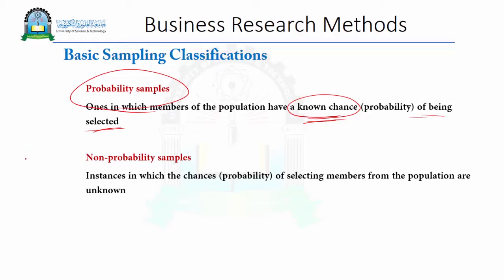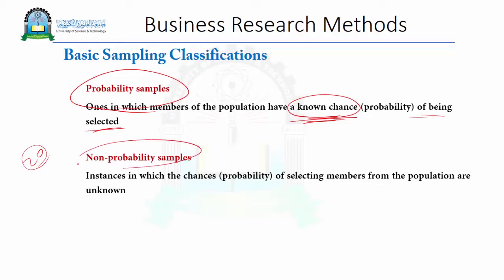If I have, for example, 20 employees, and I write their names and put them in a hat and ask somebody to choose randomly and blindly, the chance is going to be known, and the chance is going to be equal for all of them.